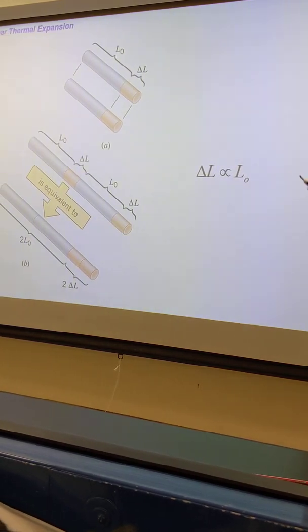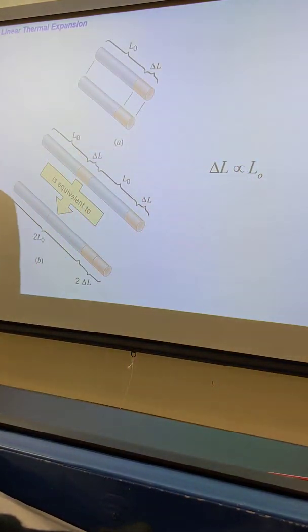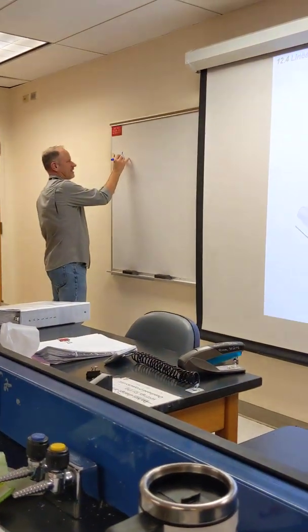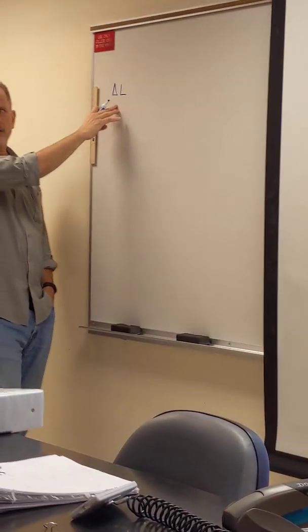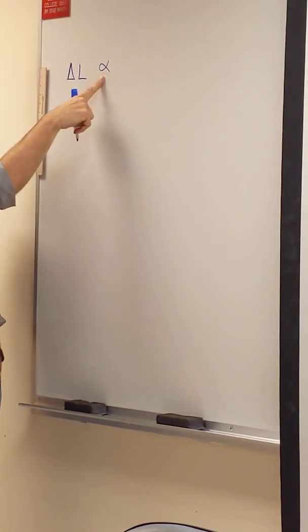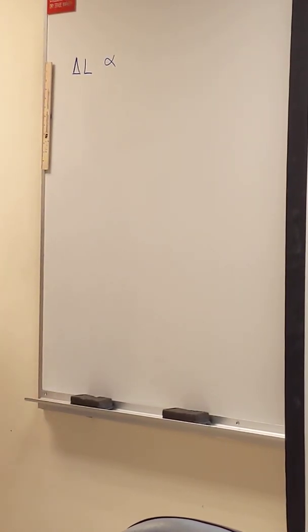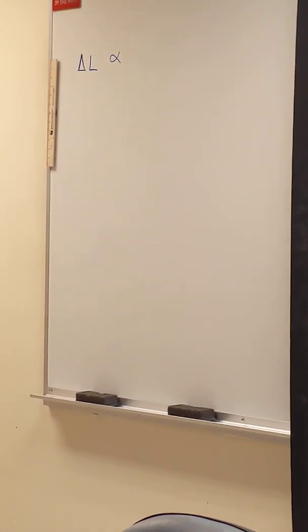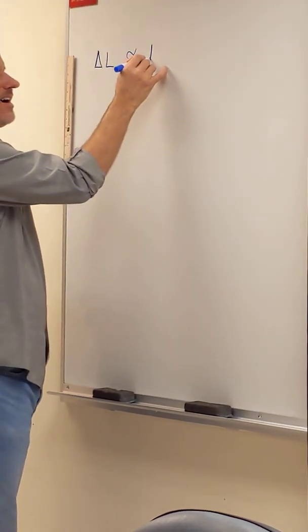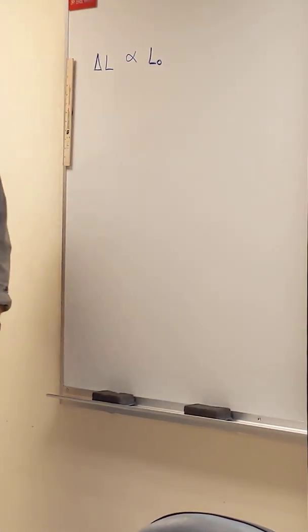And you'll see these things over here. Let's write a laundry list. So basically it says the change in length of my long, thin object. Does anybody know what this thing means? It is the Greek letter alpha, but in this case it means proportional to. So what this is telling you is that the change in the length of the object depends on the length I start with.